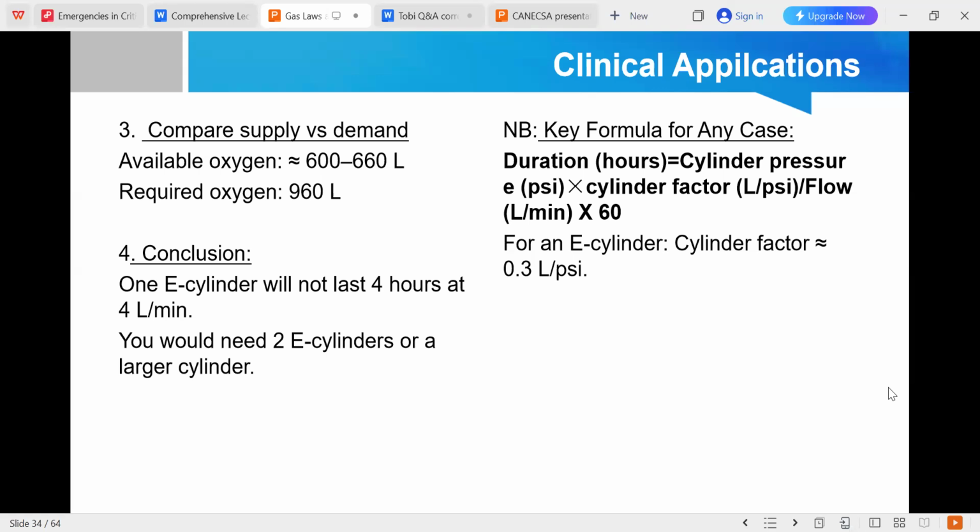You realize that you now require around 60 liters of oxygen at a 4 liters per minute flow rate for that 4 hour duration. You realize that one E cylinder full of oxygen will not be enough. And this is important for planning purposes and to prevent untoward complications.